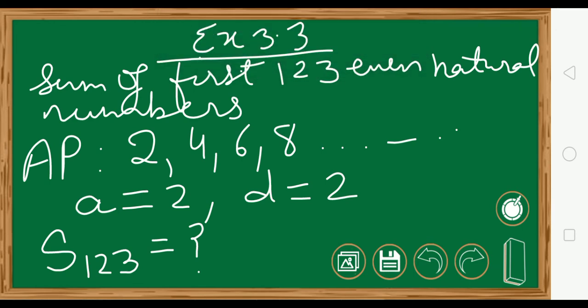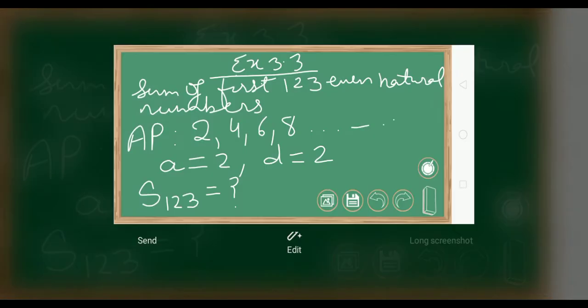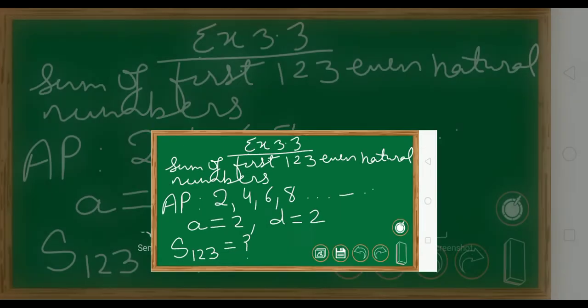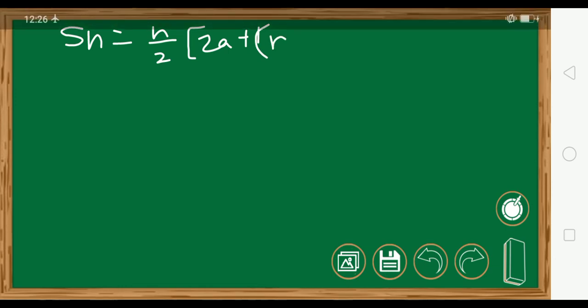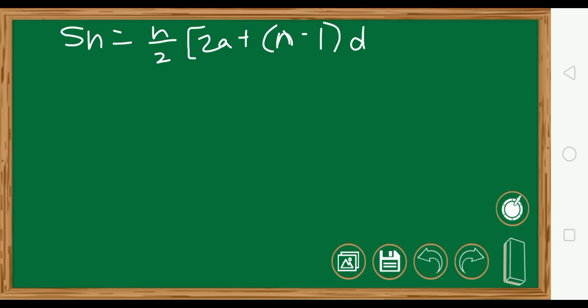So first we will write the formula and substitute. Now the formula is Sn is equal to n upon 2 (2a plus (n minus 1) into d).